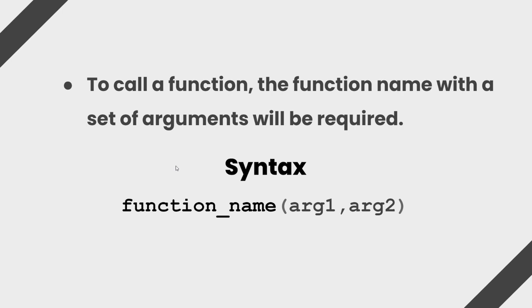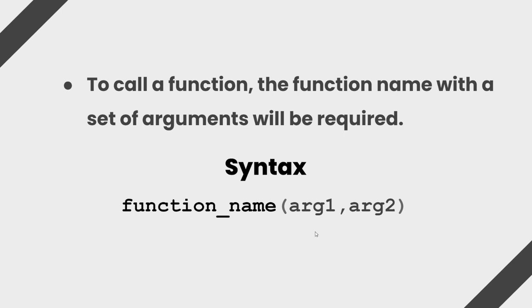Lastly, before we leave here, I said that the parameters are optional, which means they are not compulsory. This also means that if you do not have any parameters, you also do not need to have any arguments. So for this particular syntax, we can call our function without any arguments in this bracket.